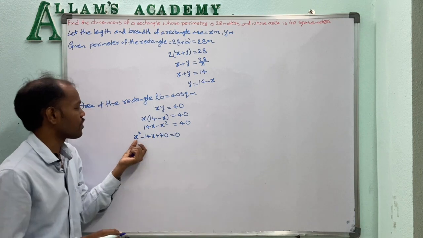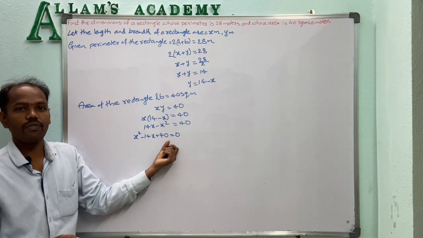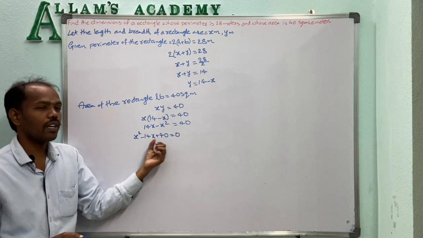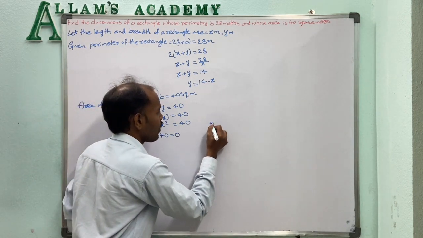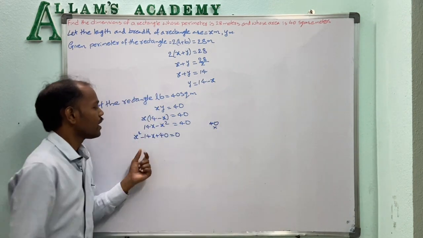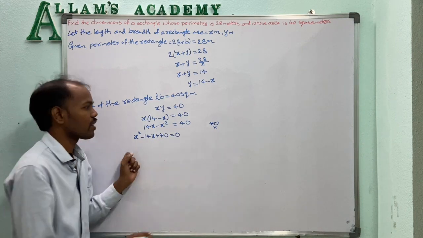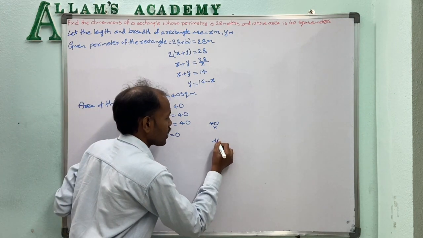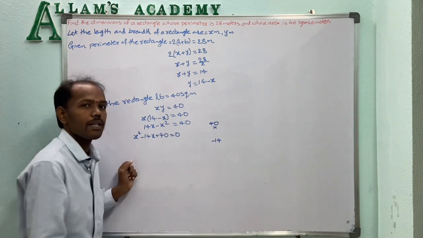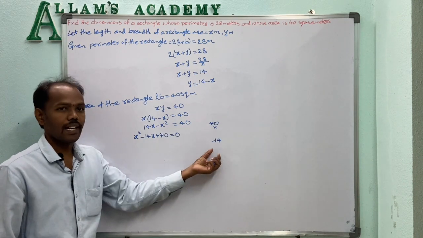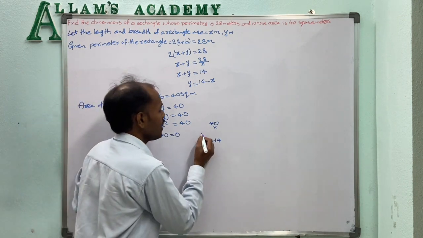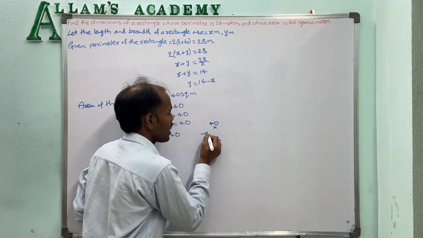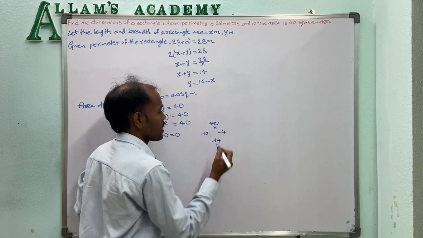Here the x square coefficient is 1 and the constant term is 40. That means we need two numbers whose product is plus 40, and whose addition is minus 14. Which two numbers have product 40 and sum minus 14? They are minus 10 and minus 4.